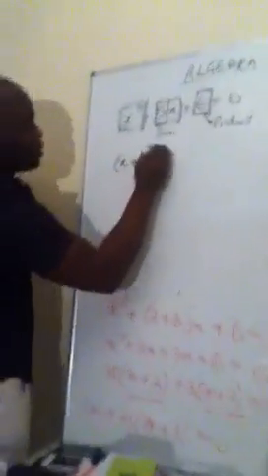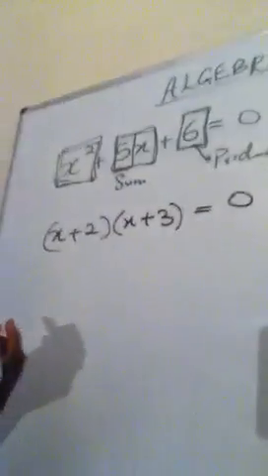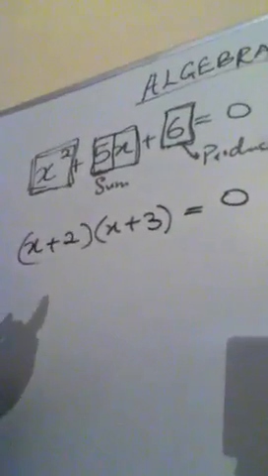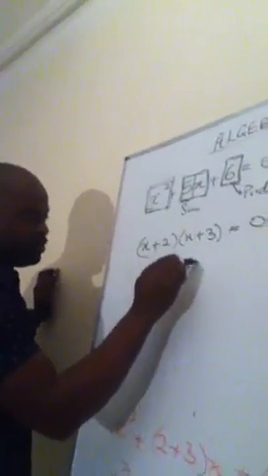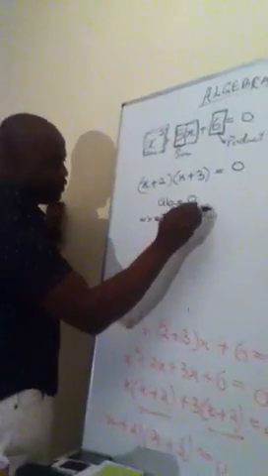So, invariably, we have x plus 2 into x plus 3 equal to 0. And you remember, in mathematics, if two numbers multiplied together are equal to 0, this implies either A is equal to 0 or B is equal to 0.